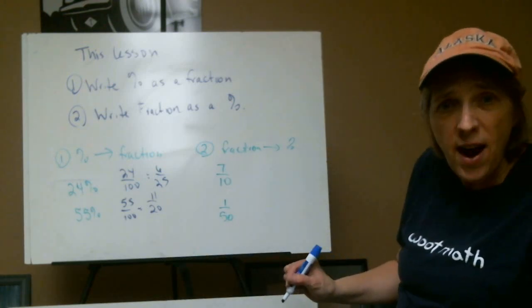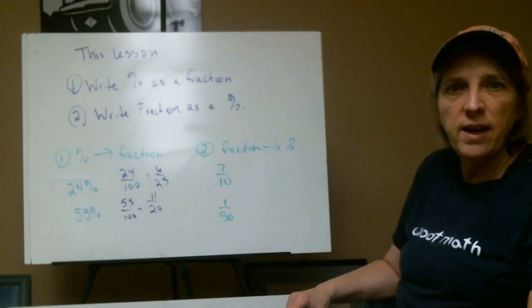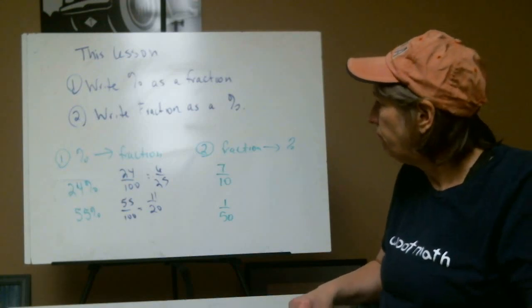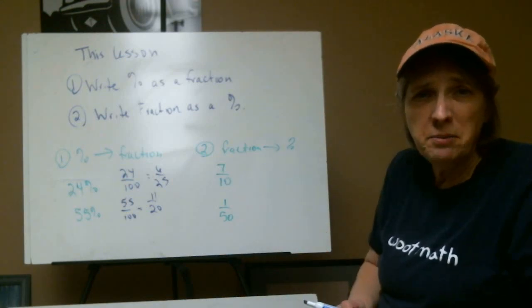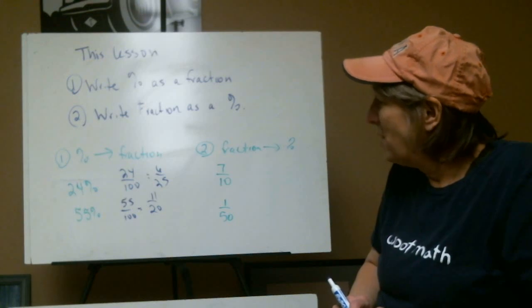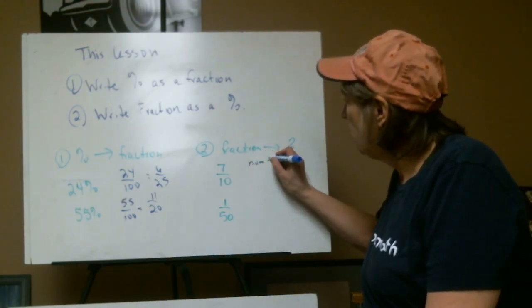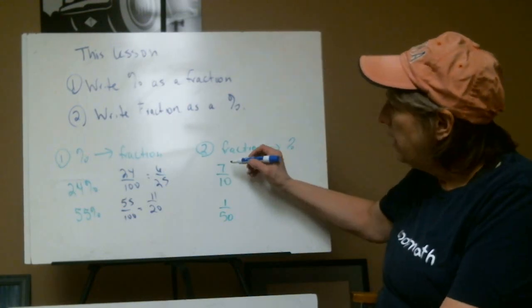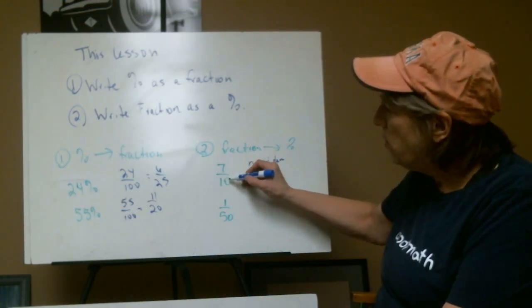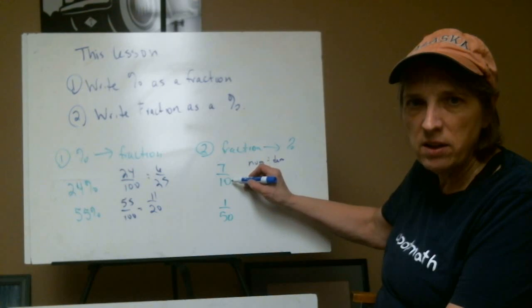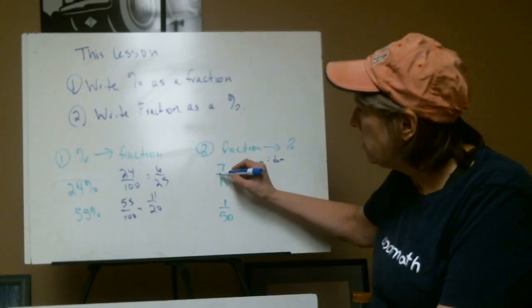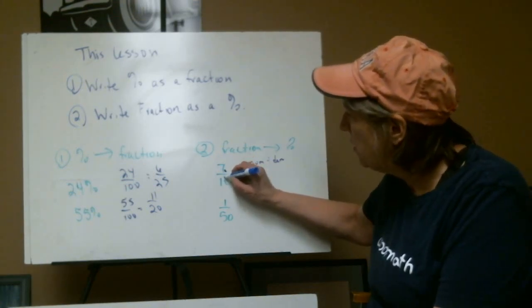Now, when we write fractions as a percent, it's a little trickier. Not too hard. You're going to divide the numerator divided by the denominator. See how it goes? It goes in order. Numerator, and there's the division sign, divided by denominator. This fraction sign becomes the division sign.